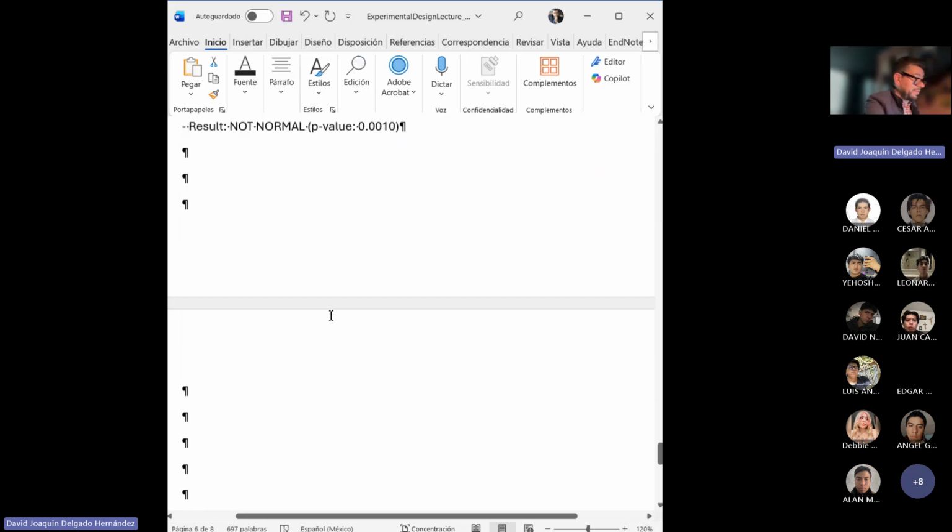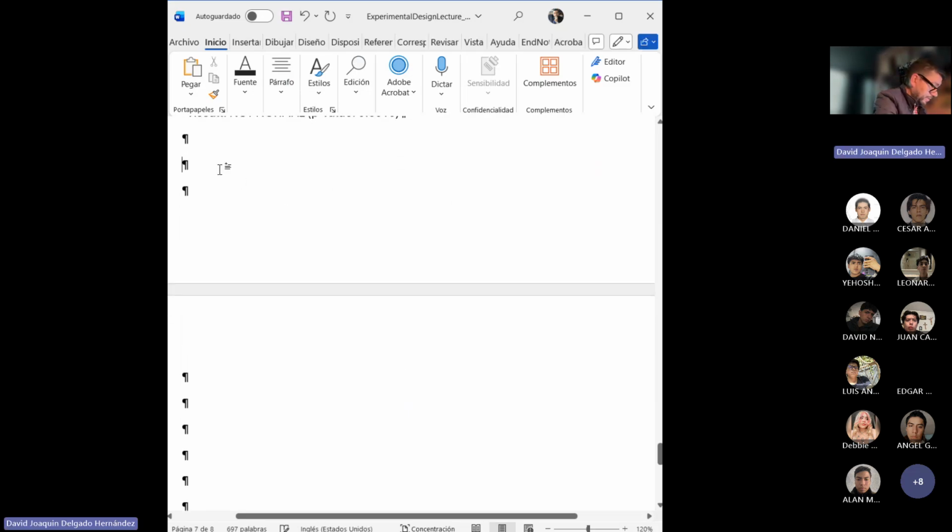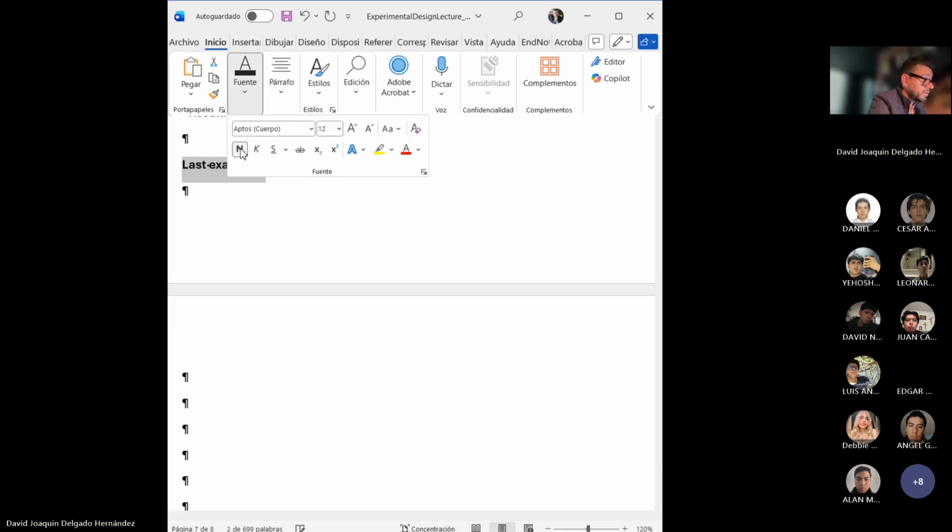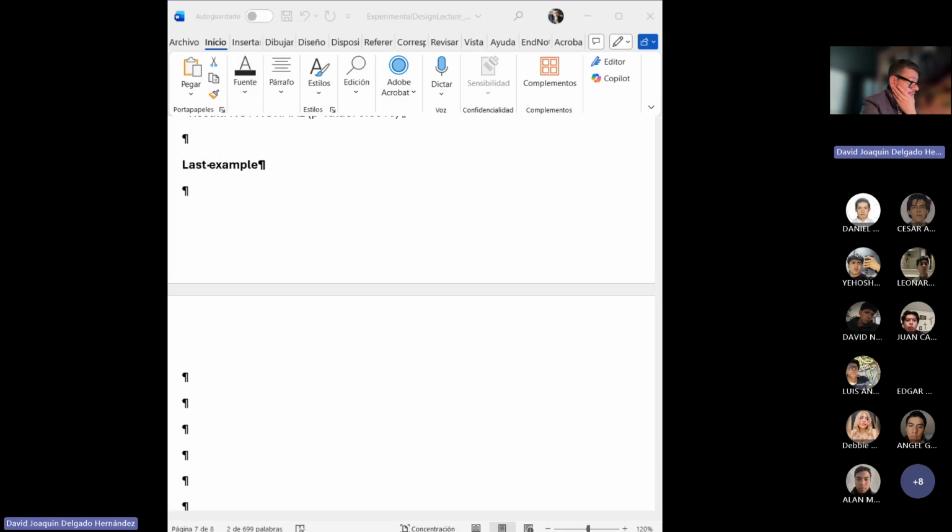And let's see a last example. Last example. I am going to put it here. And I am going to modify this. Okay. So let me copy the figure.